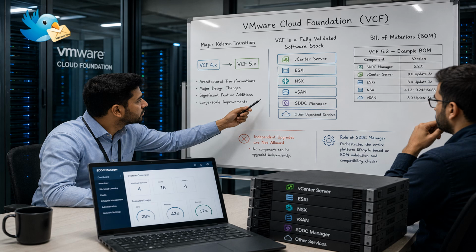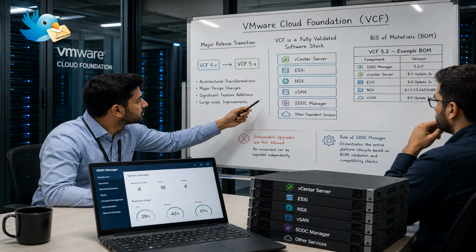This is where VMware introduces architectural transformation, major design changes, additional features, and improvements across the platform. We can take the example of moving from VCF 4.x to 5.x, then moving from VCF 5.x to 9.x.